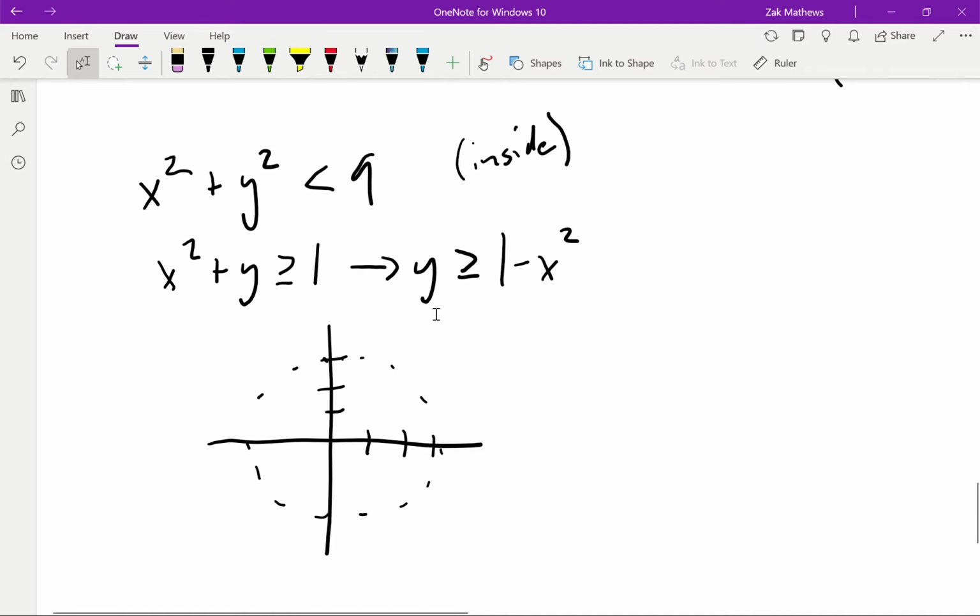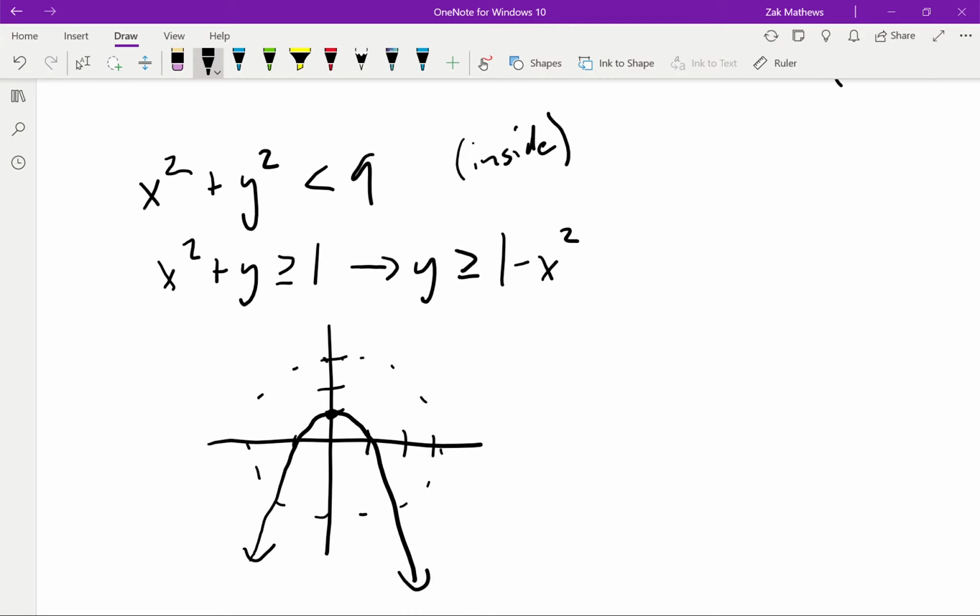The second shape, y is greater than or equal to 1 minus x squared. This is a parabola with a shift up by 1 and a reflection about the x-axis, so it's now facing downwards. And this one should be solid, so it's going to look like this.